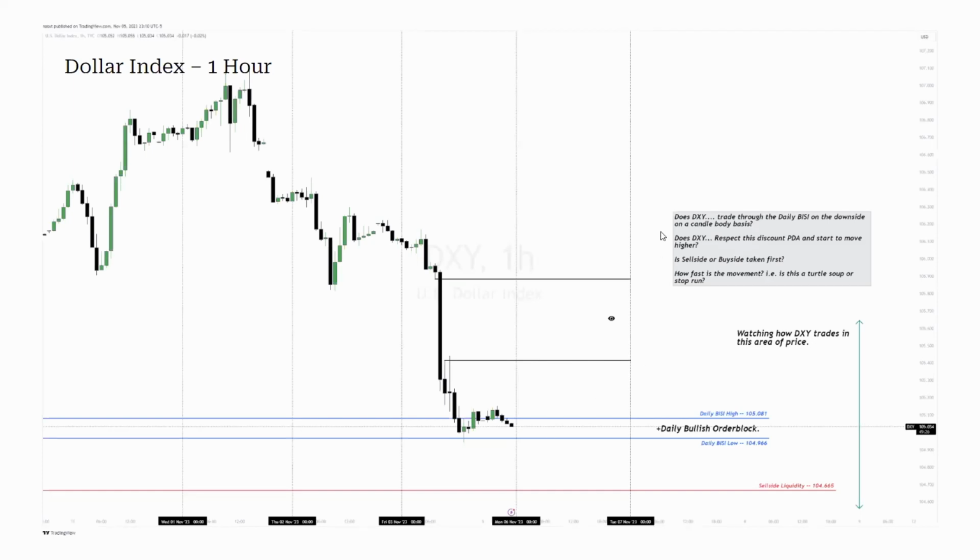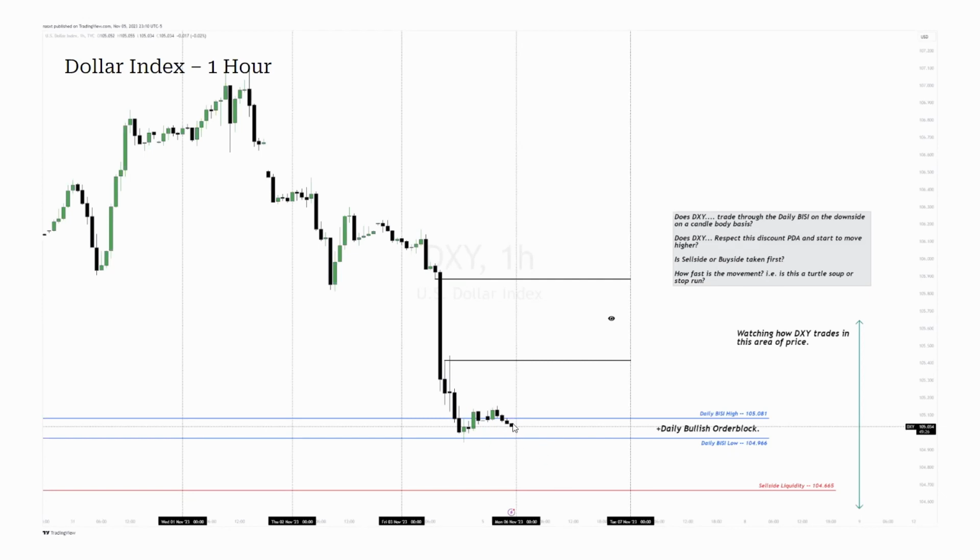Does the dollar index trade through the imbalance, meaning the bodies trade through it and then use this as quote unquote resistance and order flow is bearish?